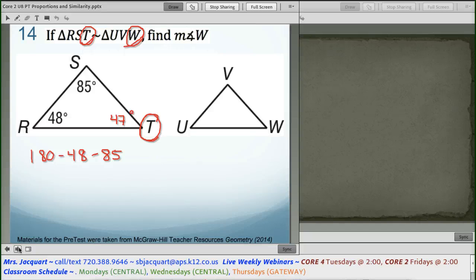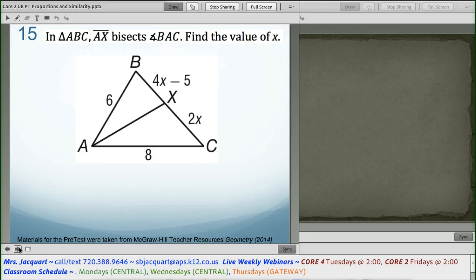So is angle W. There you go. All right, in ABC, AX bisects BAC.